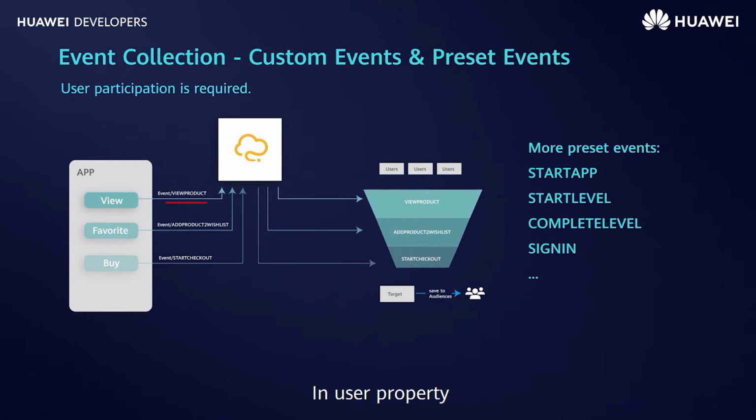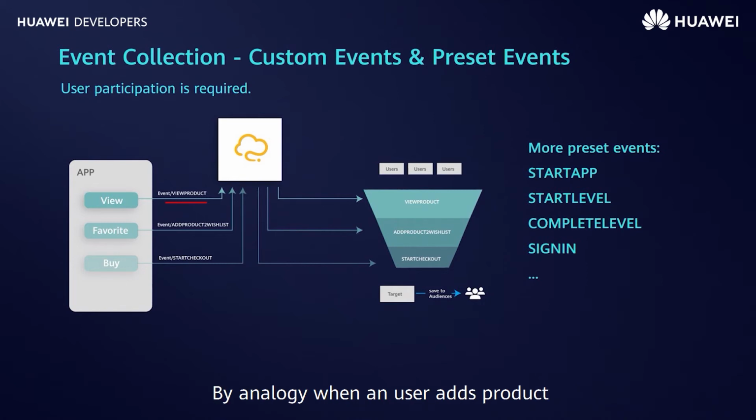In user property, we've set basic user information, such as user name, user ID, and so on. Then we report this event to the cloud of Huawei Analysis Service with the event reporting method provided by the SDK.